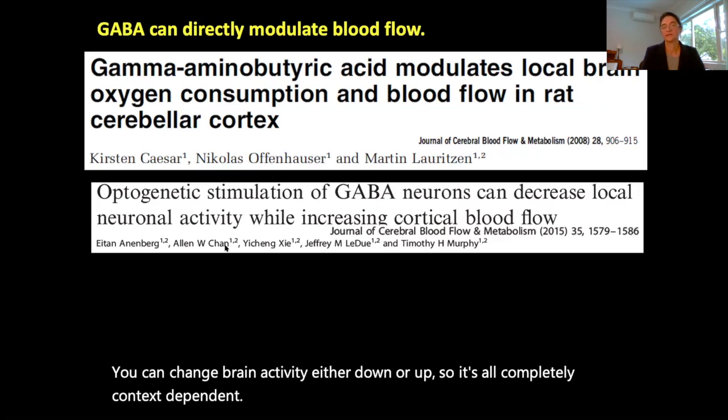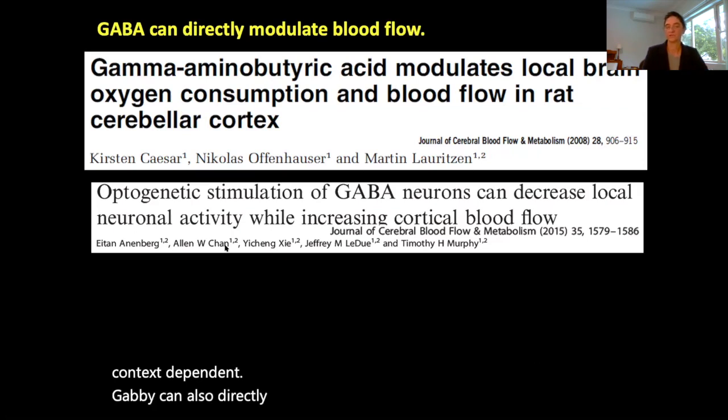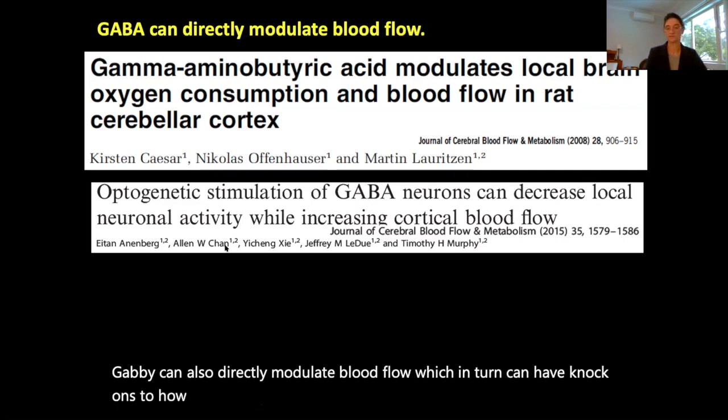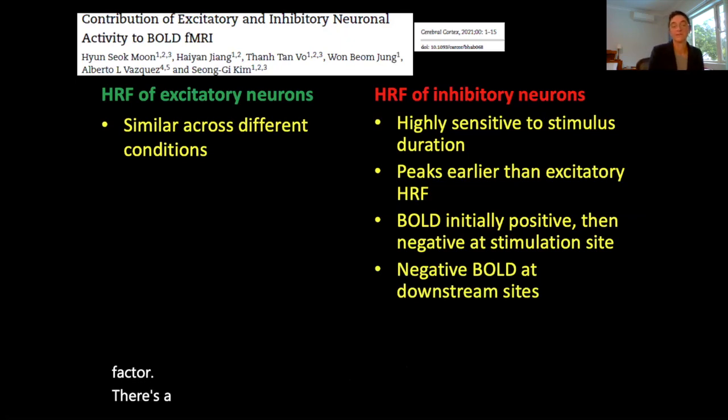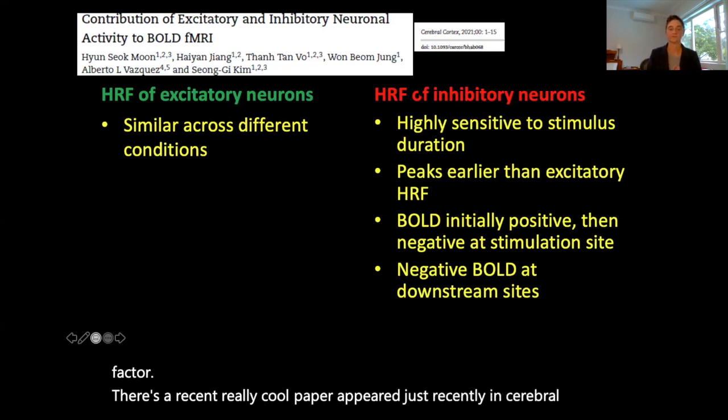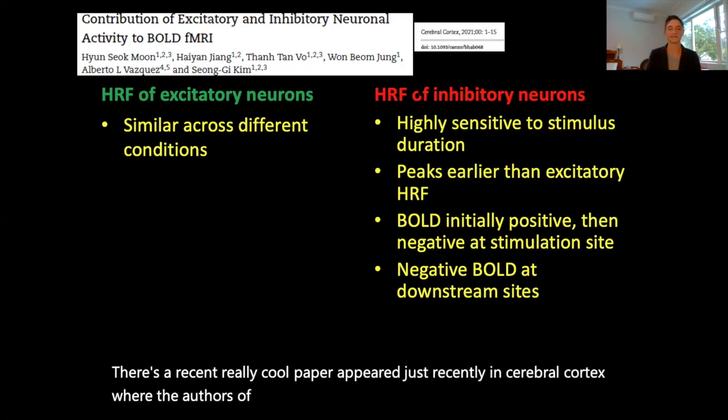GABA can also directly modulate blood flow, which in turn can have knock-ons to how active the brain can be. So this is yet another confounding factor. There's a recent really cool paper that appeared just recently in Cerebral Cortex, where the authors have used a whole range of really interesting techniques.